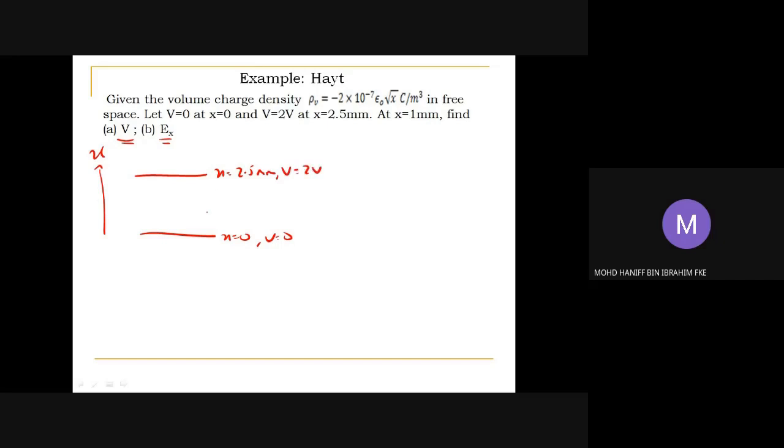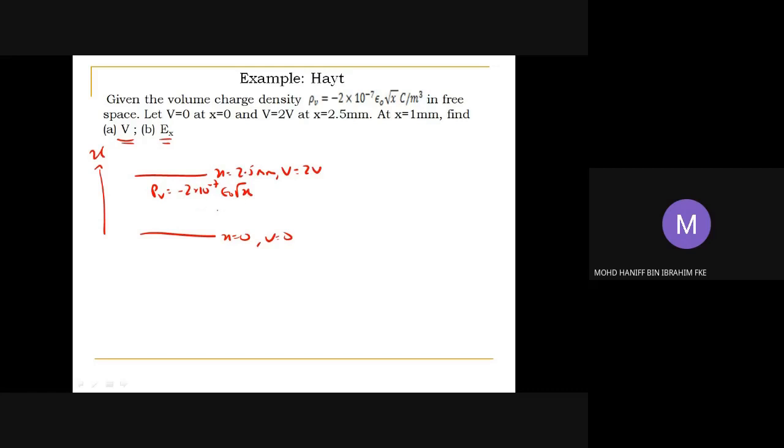And it's given that the rho v, in between these boundary conditions, is negative 2 times 10 to the negative 7 epsilon naught times the cube root of x. So basically the rho v is not 0 anymore.